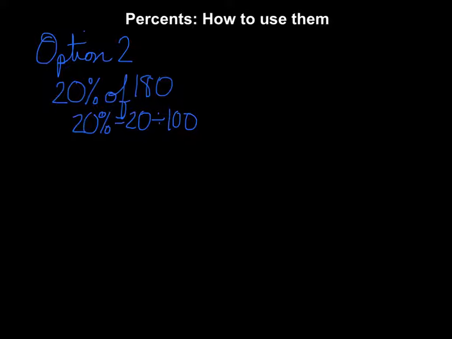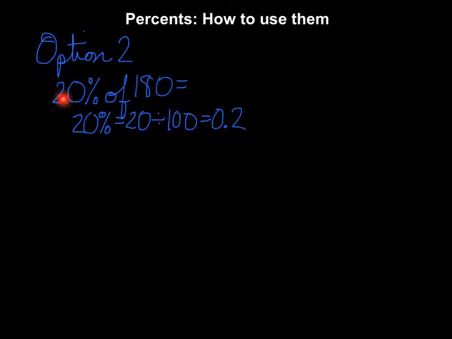Now, for option 2, we're going to take this and turn it into a decimal. So just like before, I'm going to move the decimal 2 times, so once, twice, which means I'm going to have a decimal right there in front of that 2. So we're going to make this 0.2.